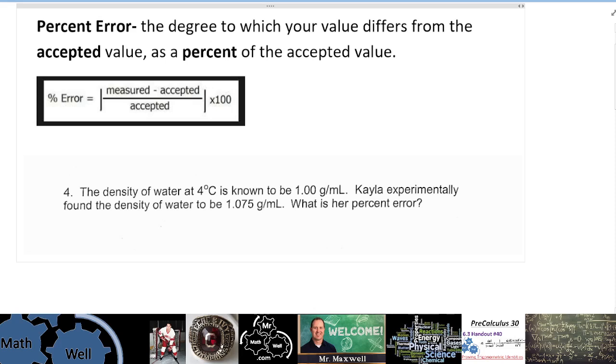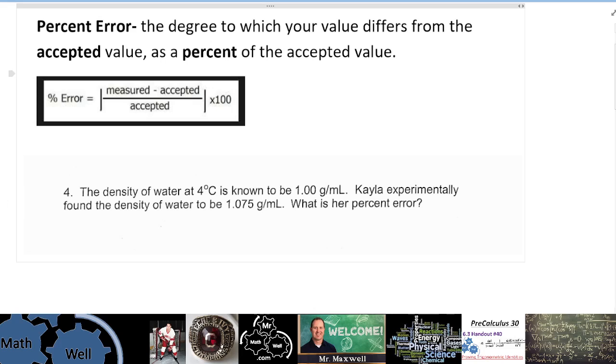So this would be like the accepted value based on the rules of chemistry and stoichiometry, which you haven't learned about yet. But based on those rules, I should get this much if it's 100% efficient. But you got a different amount. So I would ask you, calculate your percent error. And you would have some kind of indication of how off you were, right? How big an error that you experienced in that particular lab.